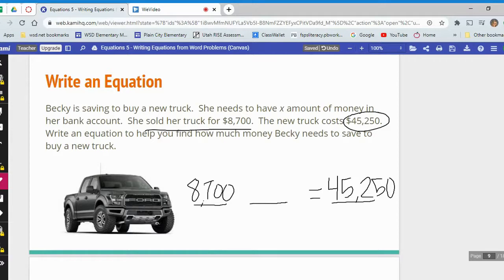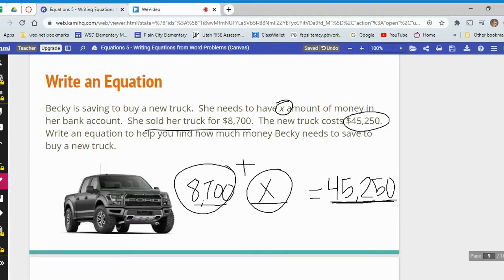It says we're going to use an X. Write an equation to help you find how much money she needs to save. So what would you do with the money she already has and what she has to save in order to get this end result? Oh, well, we'd combine them, right?